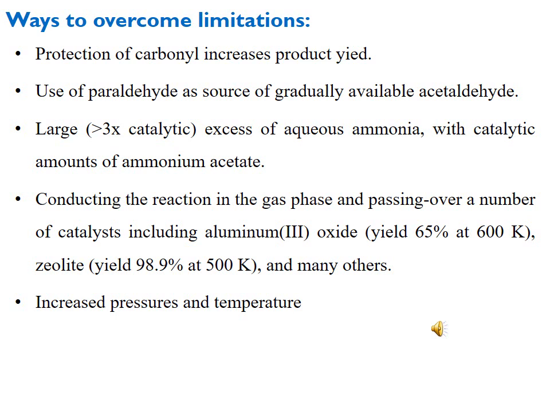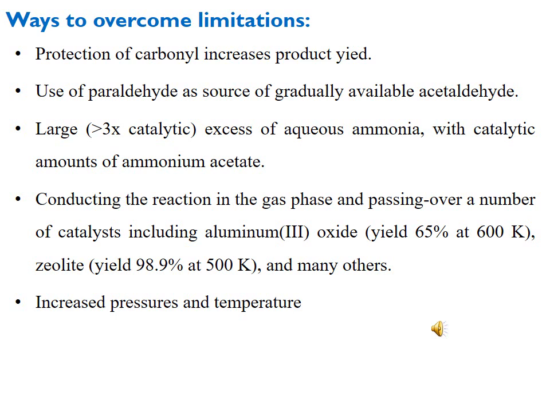Another way is conducting the reaction in the gas phase and passing it over a number of catalysts, including aluminium oxide, which gives a yield of about 65% at 600 Kelvin, or zeolite giving 98.9% yield at 500 Kelvin, and many others. A normal yield never exceeds about 40% in normal cases.